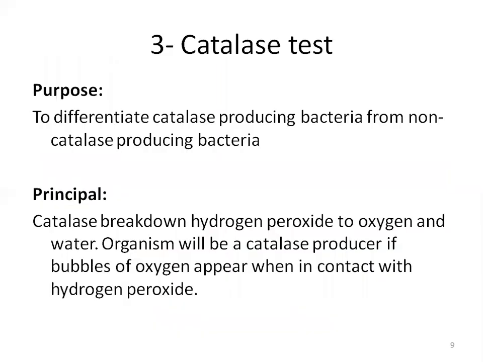The next test is the catalase test. This test is used to differentiate those bacteria that produce the enzyme catalase, such as Staphylococci, from non-catalase producing bacteria such as Streptococci.